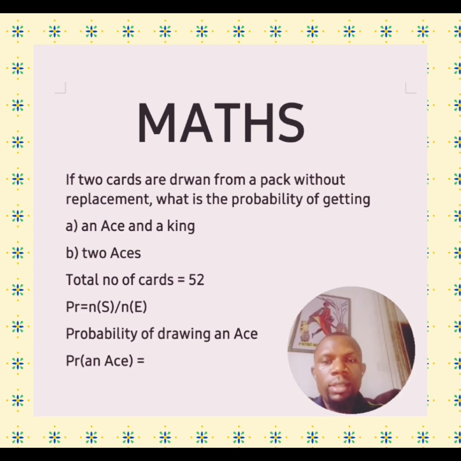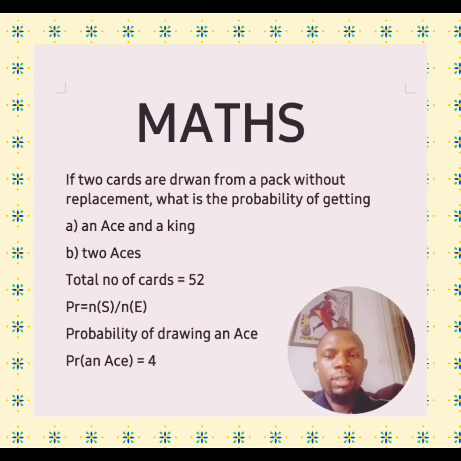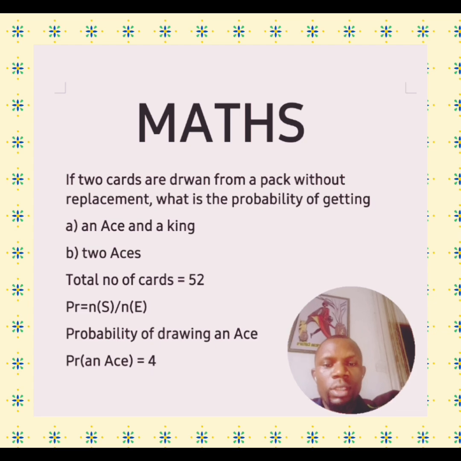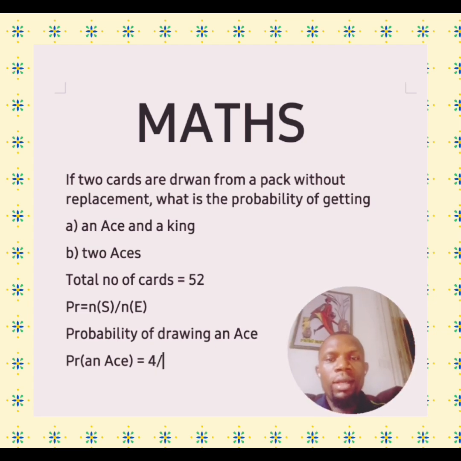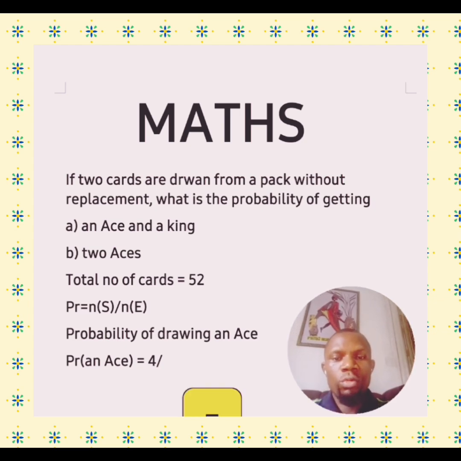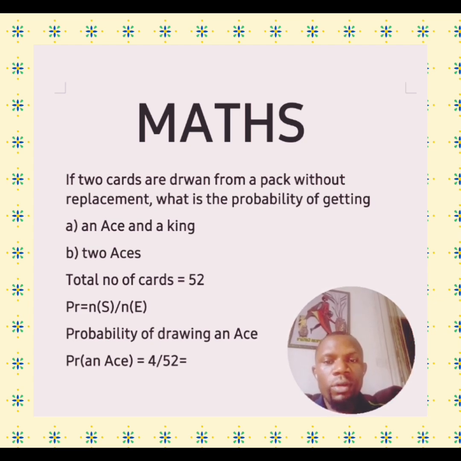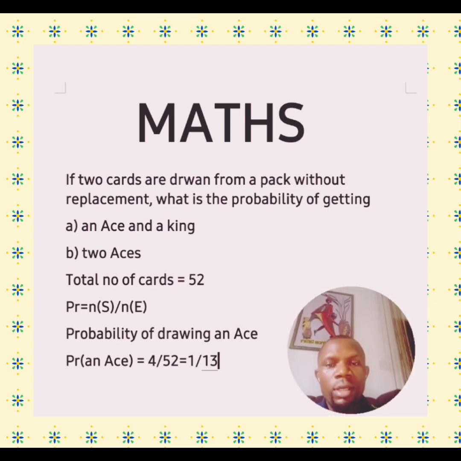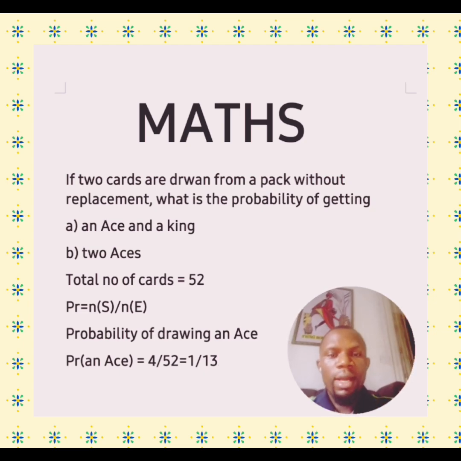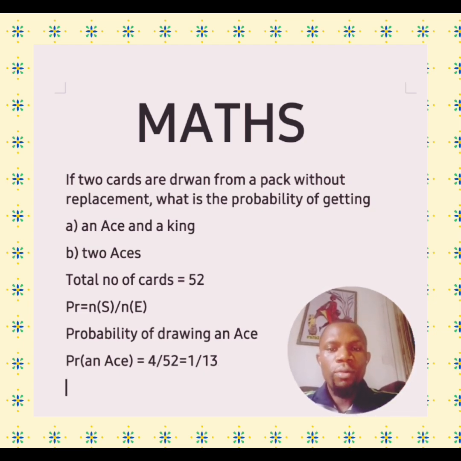According to the formula, the number of required outcomes is 4, divided by the total number of possible outcomes, 52. 4 can go into 52 thirteen times. So my probability of an ace is 1 over 13.